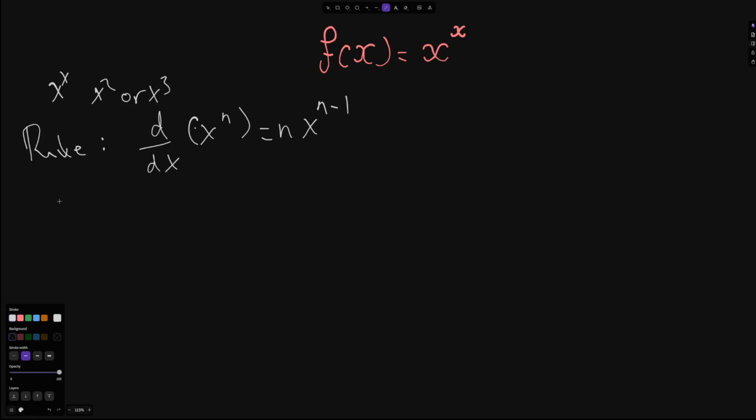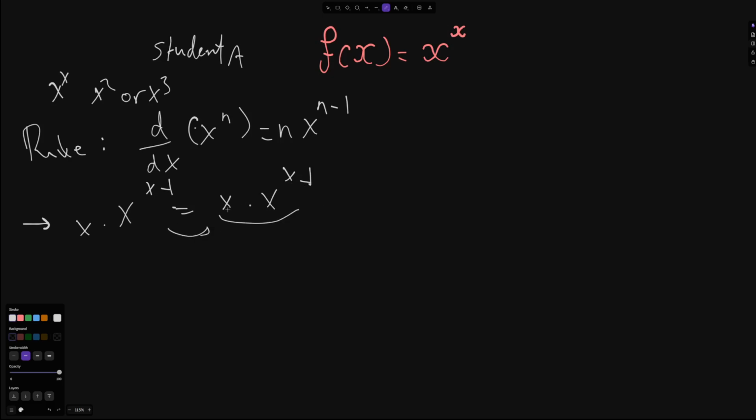So the attempt that student A does is x times x power x minus 1, after the differentiation.